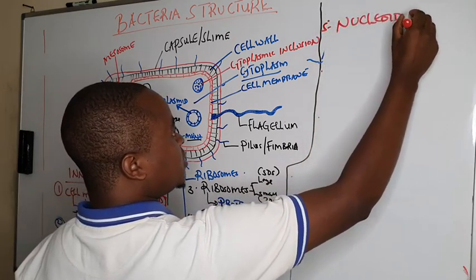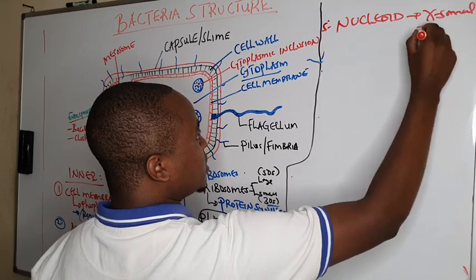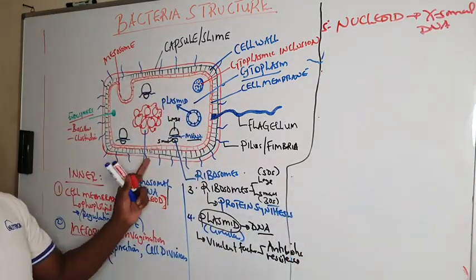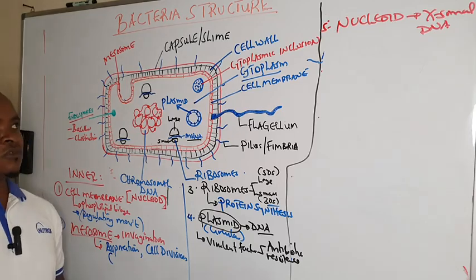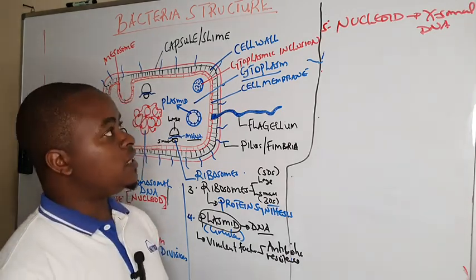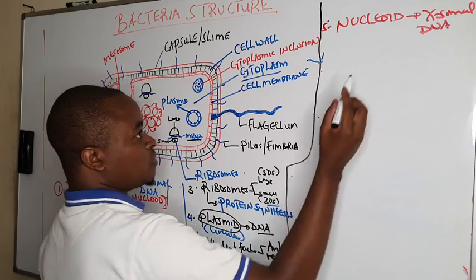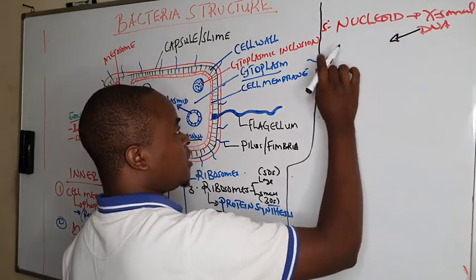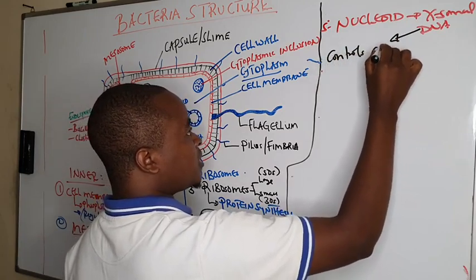And this nucleoid contains what we call chromosomal DNA. This DNA is single-stranded, and it can be circular in nature or a long strand. The nucleoid is the region where this DNA is found, and it is the one that controls cellular activities.